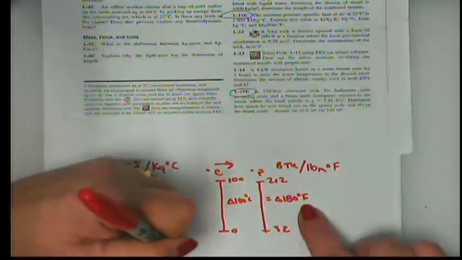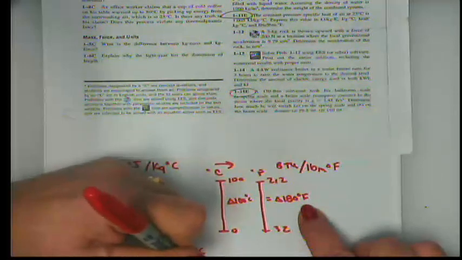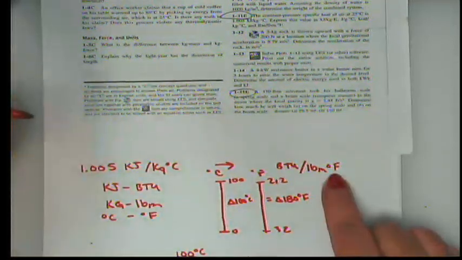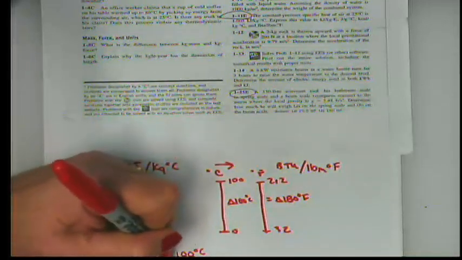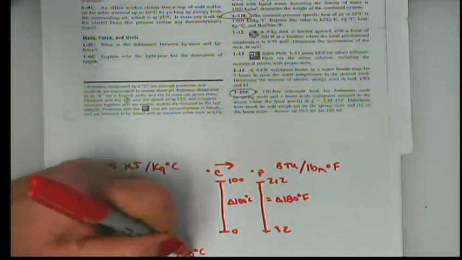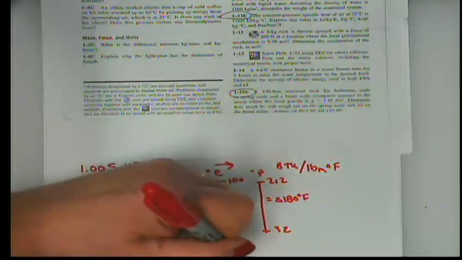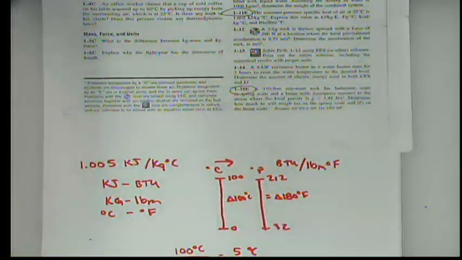So what that means is, if you say 100 degrees Celsius per 180 degrees Fahrenheit, that cancels to 1 over 1.8, which is actually 5 over 9. So it's 5 over 9 degrees C per degree F. So far, so good?